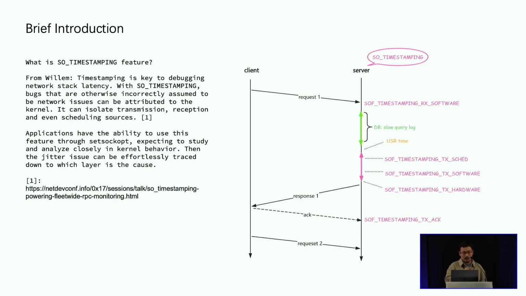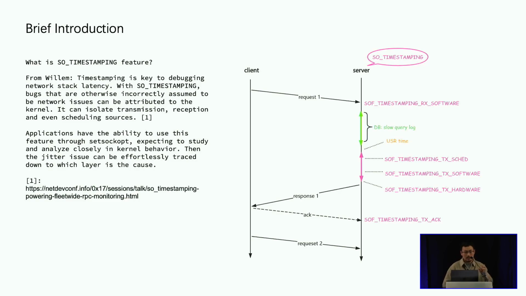With this feature enabled, you will record the timestamps consecutively. The first timestamp you record is the RX software timestamp. It is the timestamp when the server side receives the request from the client, and it will record the current timestamp. It is nearly the same as how tcpdump works.